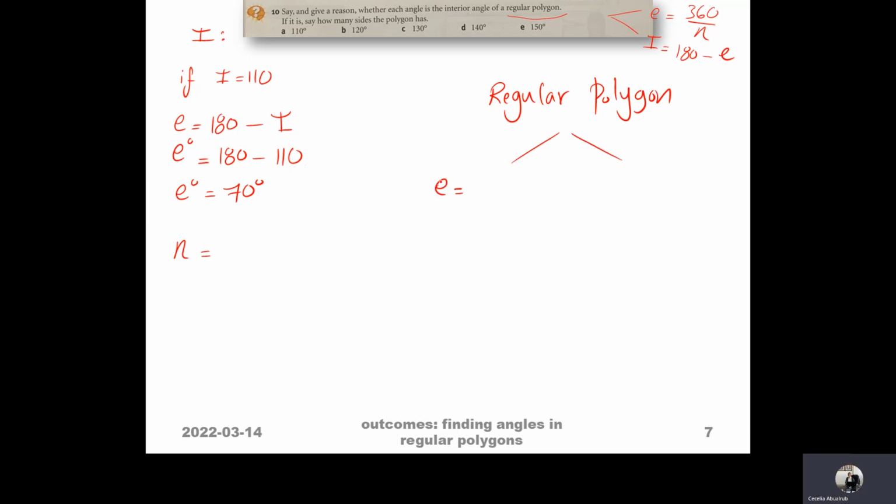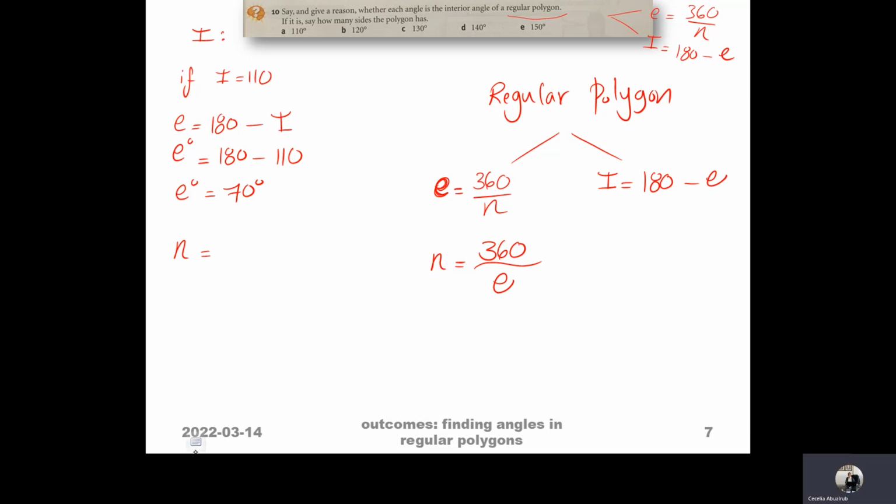E, which is the exterior angle, is equal to 360 over n, which is the number of sides, and the second formula, I is equal to 180 minus E. E is the subject here. If I want to make n the subject, then the formula will become 360 over E.